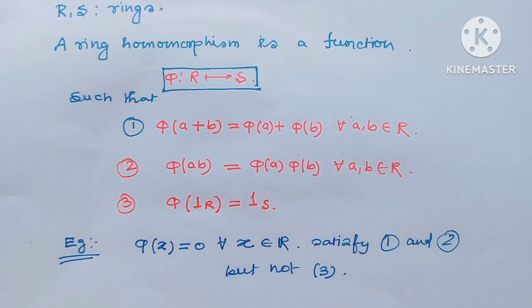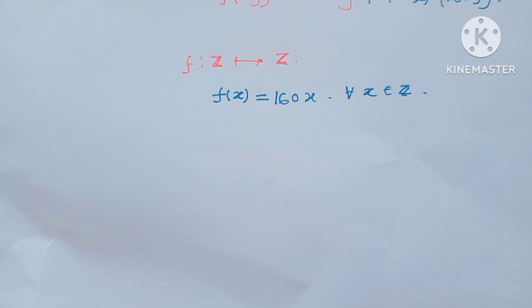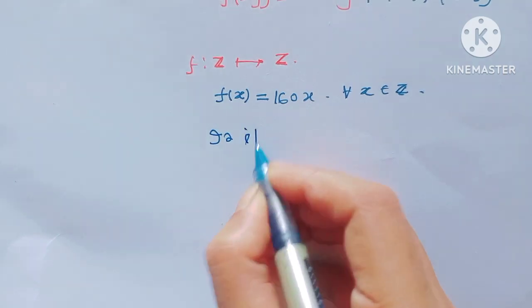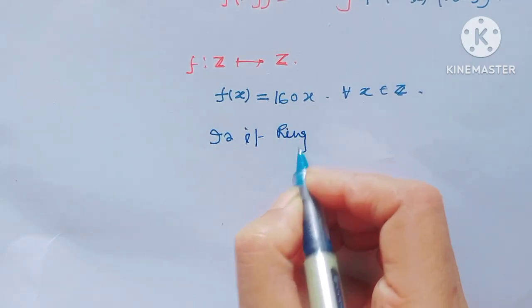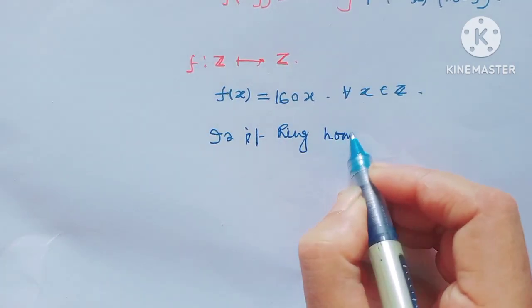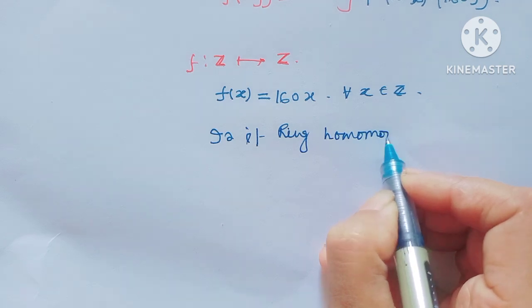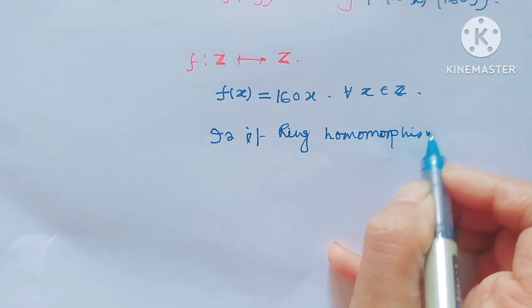Next, as an example, consider the mapping f from integers to integers, with f of x equal to 160x, true for all x belonging to the integers. Now my question: is it a ring homomorphism? Obviously it is a group homomorphism, but it is not a ring homomorphism. Why?